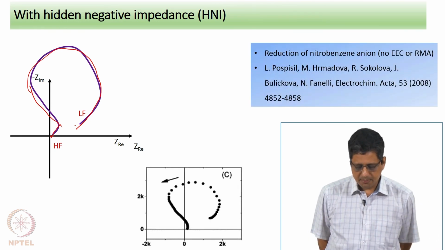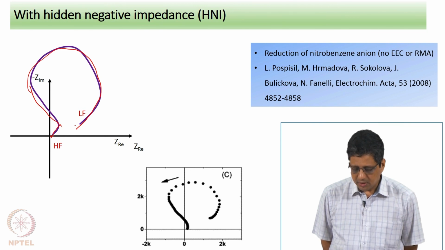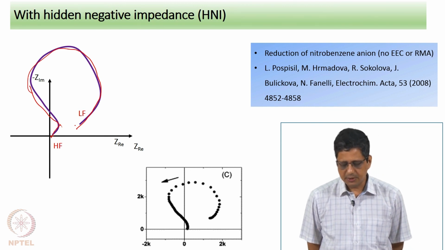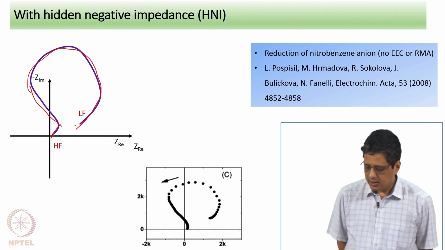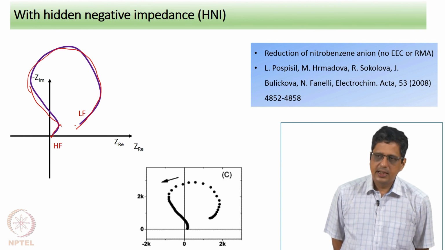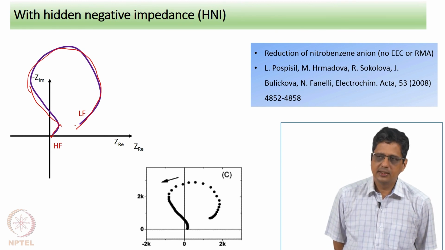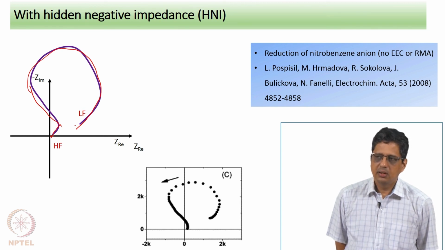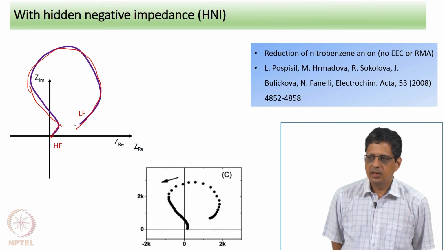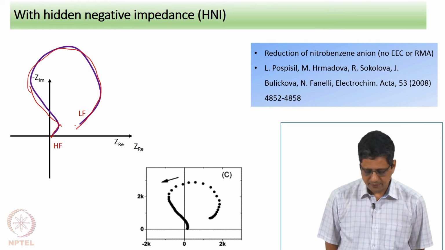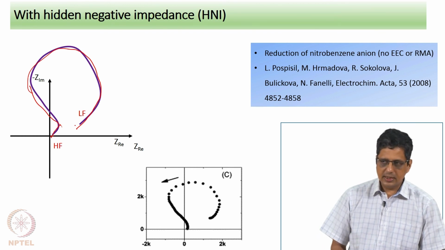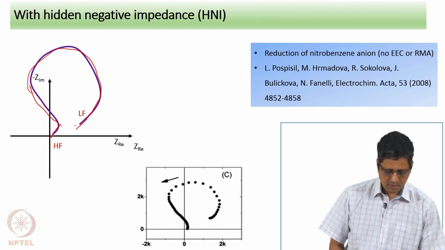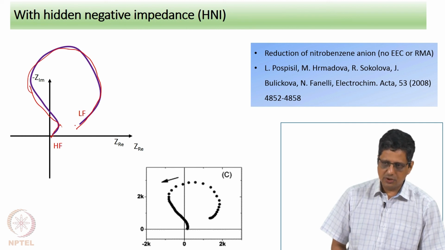This was published as data by Professor Pospisil and others in 2008. This data has been shown, and I think arguments were given on why it appears like this. To the best of my knowledge, I do not think EEC or RMA analysis was done for this. Okay. But basically this shows that this kind of data is possible. One can observe this in actual experimental cases.